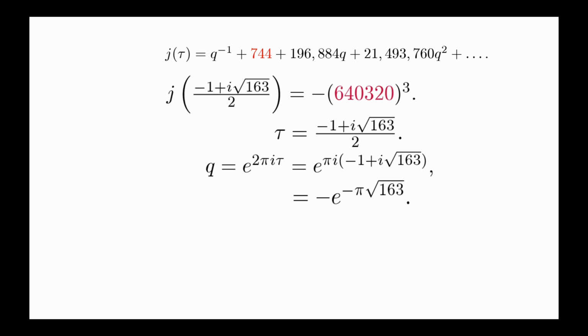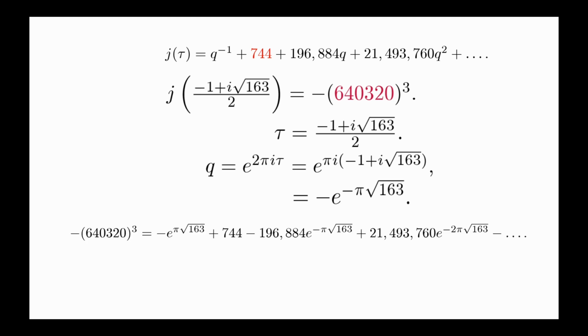When we substitute q in the Fourier expansion for j, these evaluations give us minus 640320 cubed is equal to minus e to the pi times square root of 163 plus 744 minus all those terms.